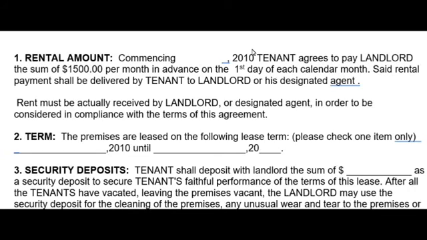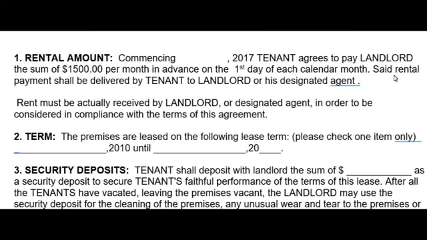Number 1, rental amount. Commencing, so put the date here. And to make it current, we'll put 2017. So whatever the date is, 2017, tenant agrees to pay landlord the sum of $1,500 per month in advance on the first day of each calendar month.